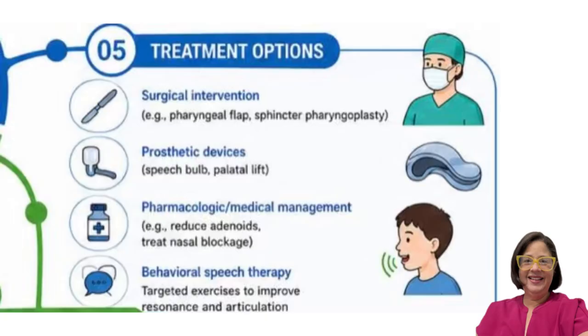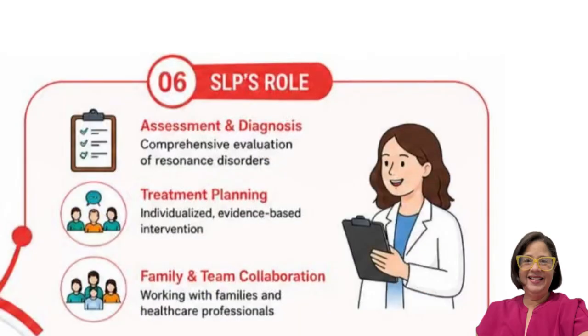Pharmacology or medical management addresses underlying causes, such as reducing adenoid size or treating nasal obstruction. And finally, behavioral speech therapy targets exercises designed to improve resonance balance and articulation, where the speech-language pathologist takes a direct and active role.